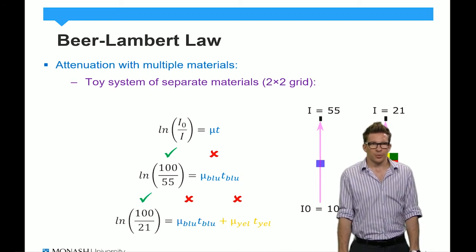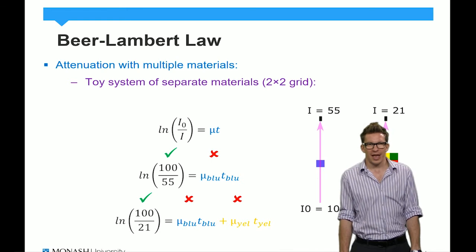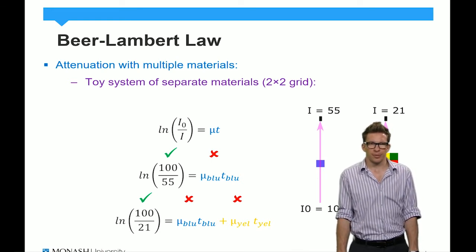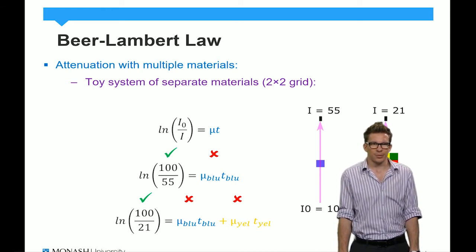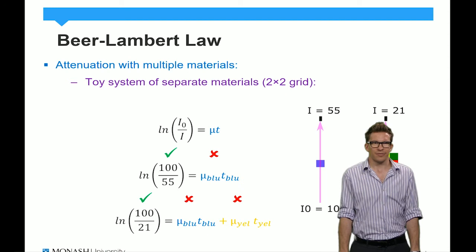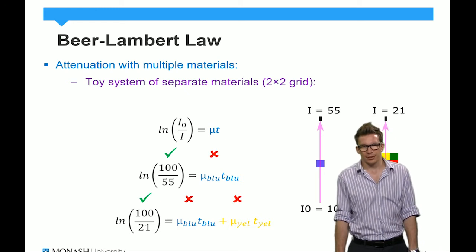Now, if we go to a slightly more complicated situation where we have a 2x2 grid of materials, so we have a blue material, a yellow material, a green material, and a red material, each of which have different linear attenuation coefficients. Now, the linear attenuation coefficients are additive, so we can see we have the natural log of the ratio of the intensities is equal to mu blue T blue plus mu yellow T yellow.